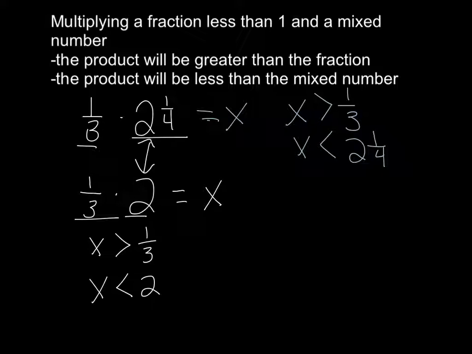And that's because, just as before, we can read that as finding 1/3 of 2 and a fourth. We're finding part of 2 and a fourth. So part of 2 and a fourth has to be less than 2 and a fourth. But it's greater than 1/3 because 1/3 is being repeated twice and 1/4 more.